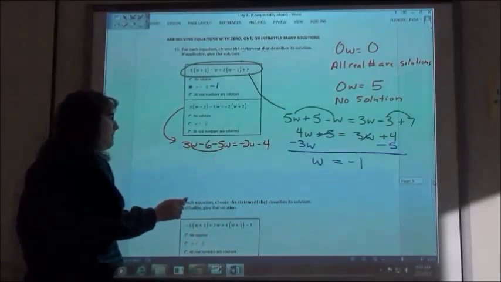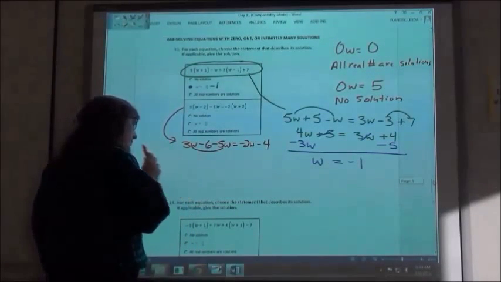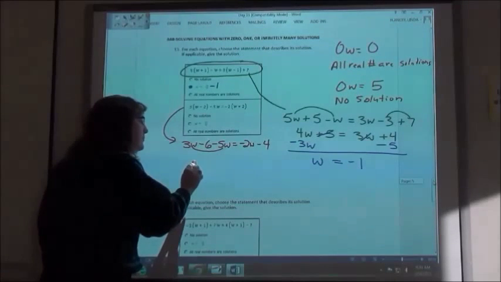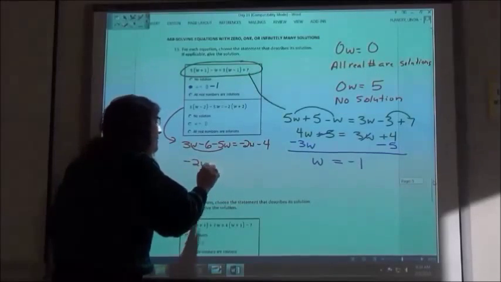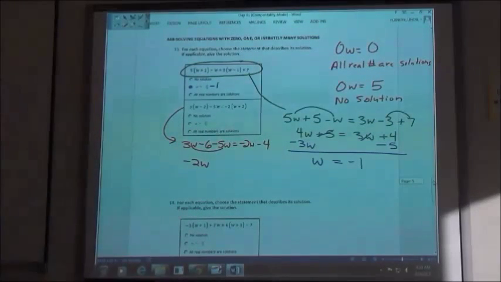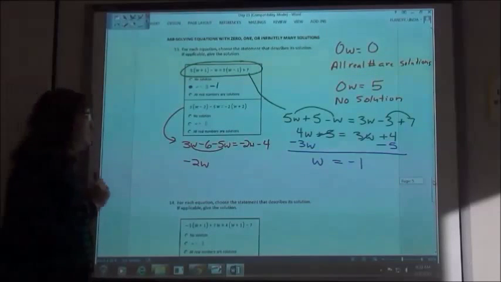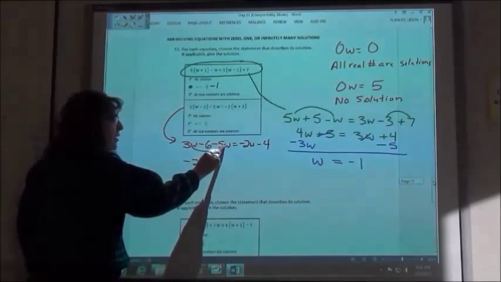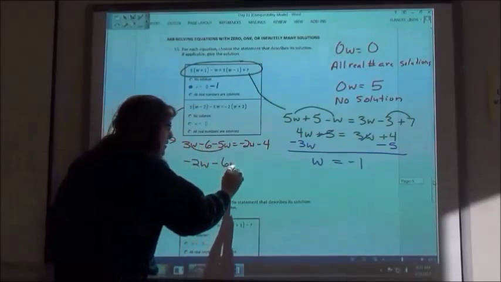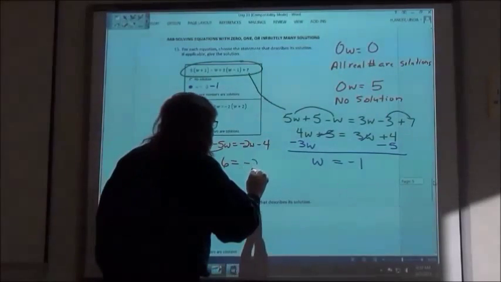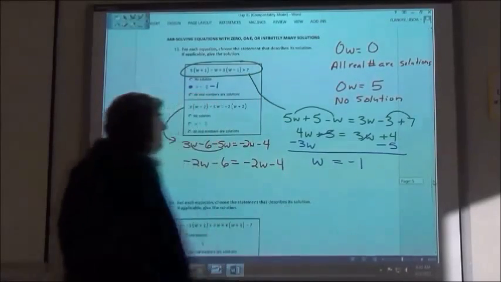Go with the 3w and the negative 5w first. So you get negative 2w, minus 6. And that's all we have on that side, equals negative 2w minus 4, right?